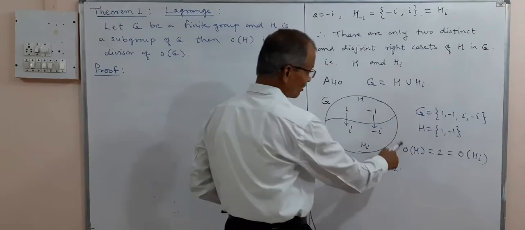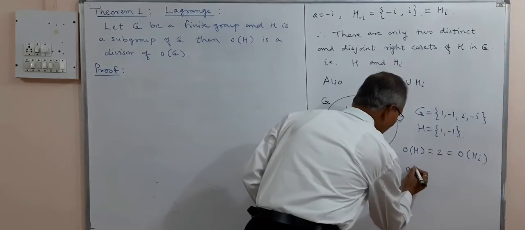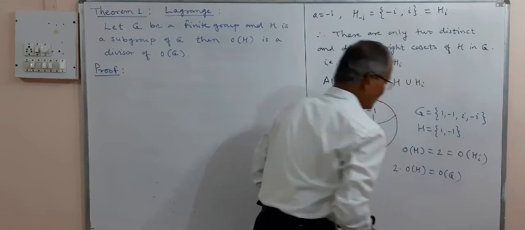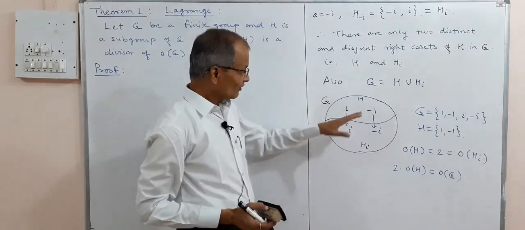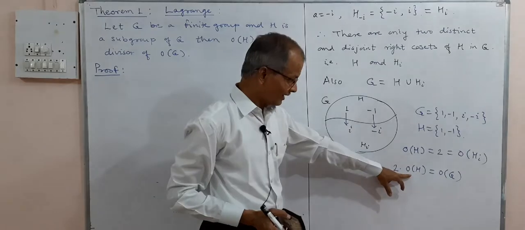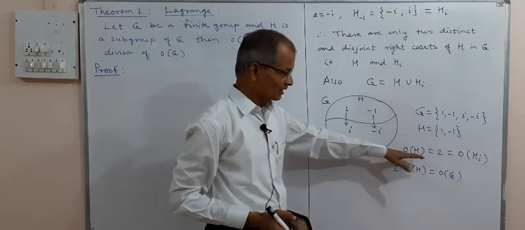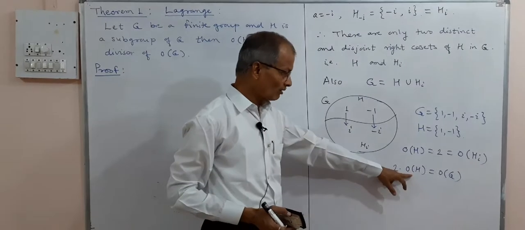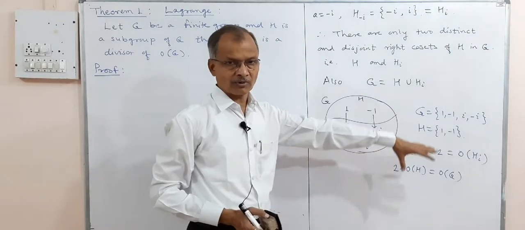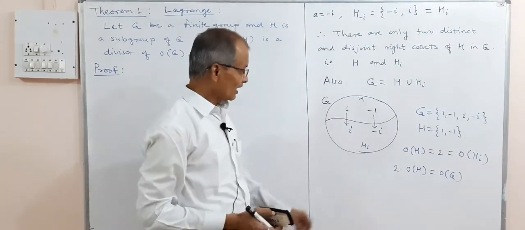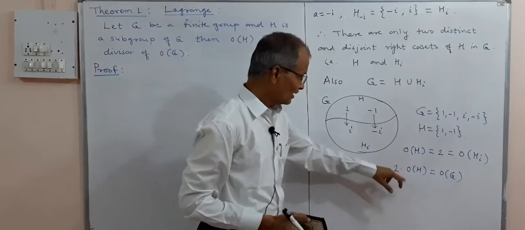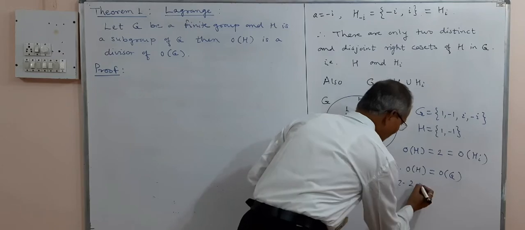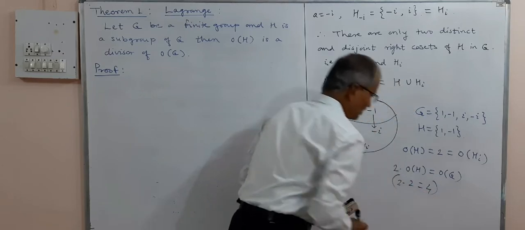2 into order of H is equal to order of G. This is the meaning. 2 distinct right cosets, and each right coset contains the same number of elements, and therefore 2 into order of H will be the total number of elements in G, and that is 2 into 2, which is 4.